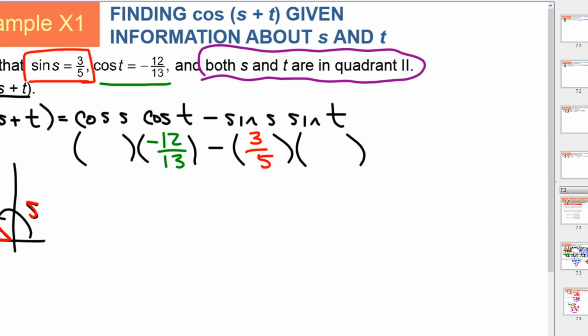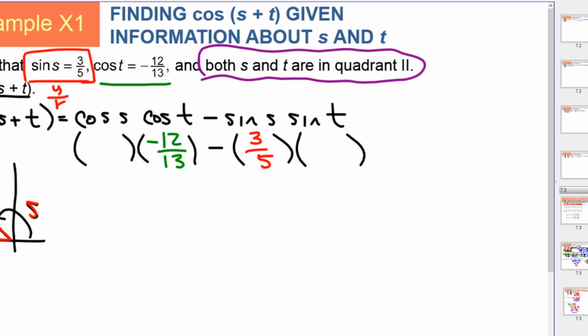Well, remember, we know the sine ratio is y over r. So they're essentially giving me 2 sides of this triangle. I need to find that third side of the triangle, and you can do that by Pythagorean theorem. Now, at some point, you're going to know how to do this one in your head, because these numbers come up a lot.